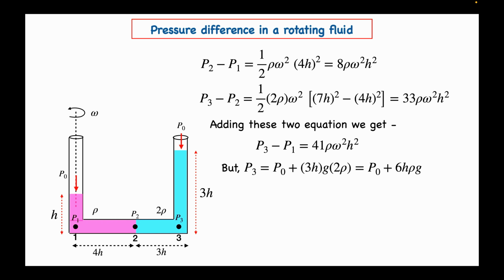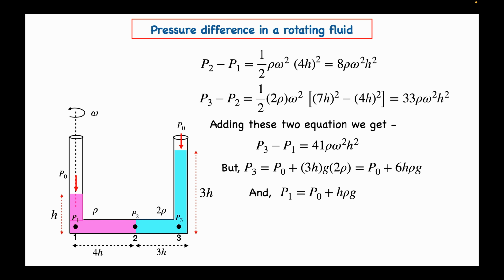But P3 equals P0 plus 3h g into 2 rho, so P0 plus 6h rho g. The two vertical limbs of the U-tube are open to air, so atmospheric pressure P0 acts on both sides, and we get pressure at P3 is atmospheric pressure P0 plus pressure of this liquid column of height 3h. So P3 equals P0 plus 3h g into 2 rho equals P0 plus 6h rho g.